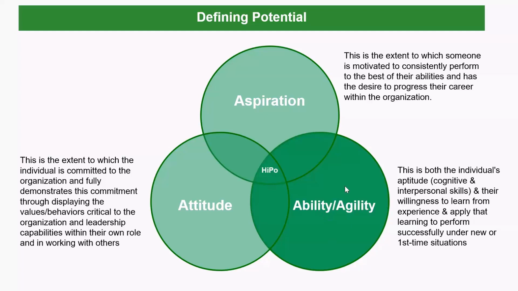Now, aspiration. Aspiration is defined as the extent to which someone is motivated to consistently perform to the best of their abilities and has the desire. This person is well motivated. He wants to go out, he wants to achieve performance despite his challenges.